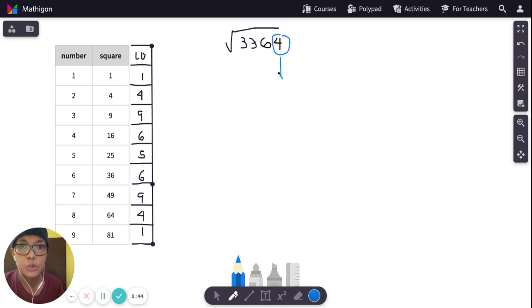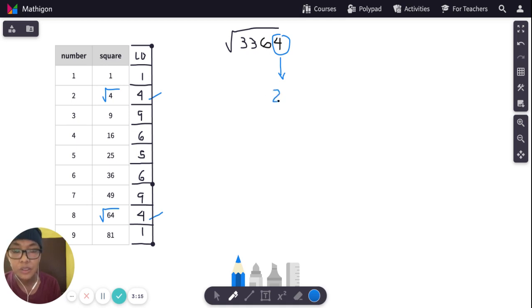So what you will do is you look for your last digit which has 4. So 64 has 4. So from there, punta kayo sa square, then you get the square root of that. Your answer will be square root of 4 is 2.